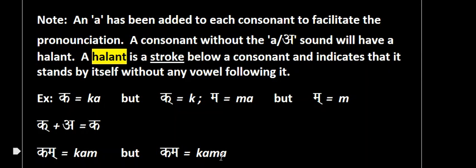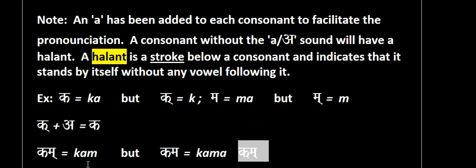Now, I didn't think about this example until now, but if I were to put a halant under both of the letters, then I would actually get this. Let me put a halant under here. This would not give you what I just typed out here.